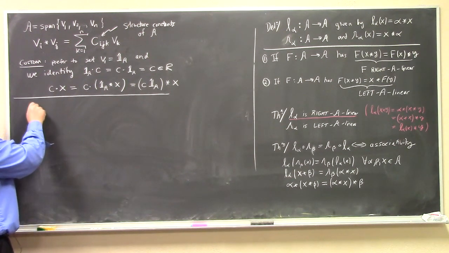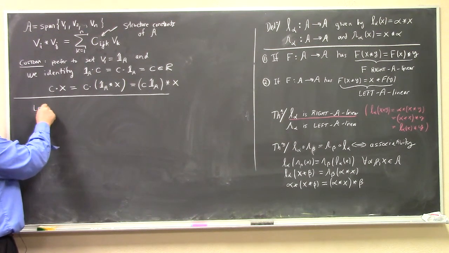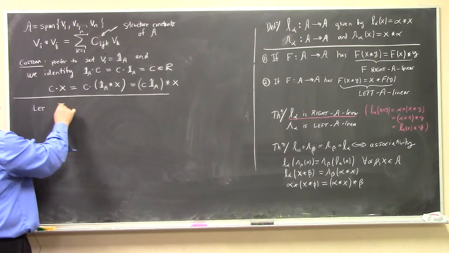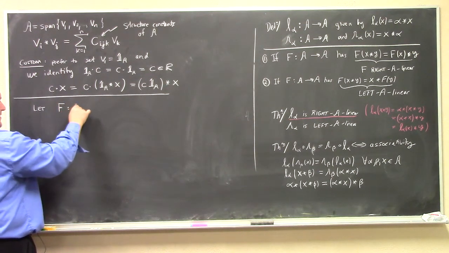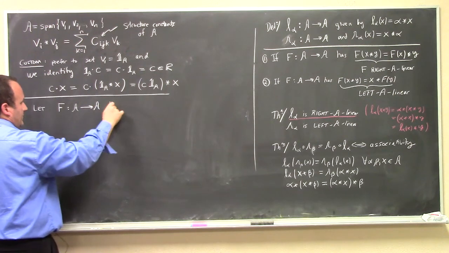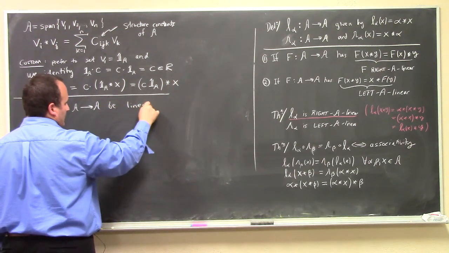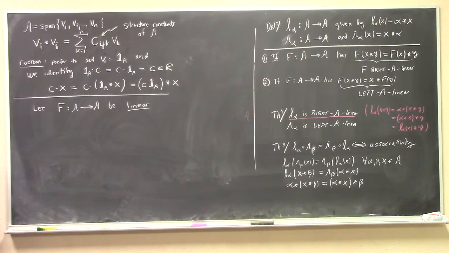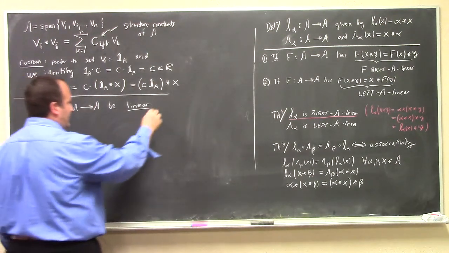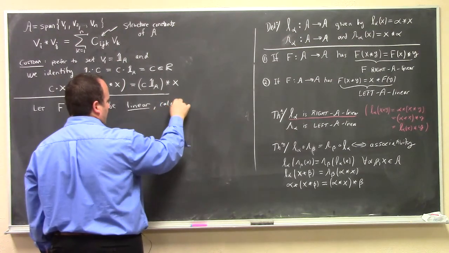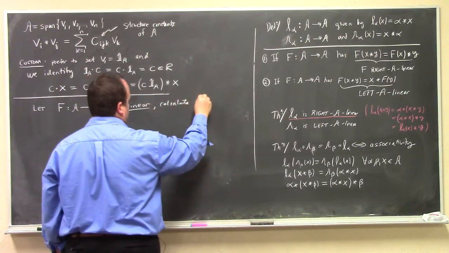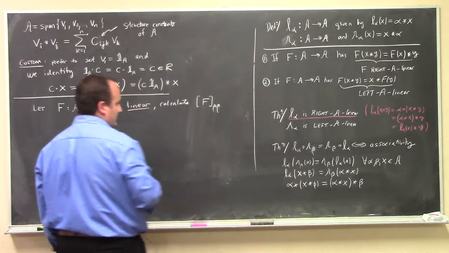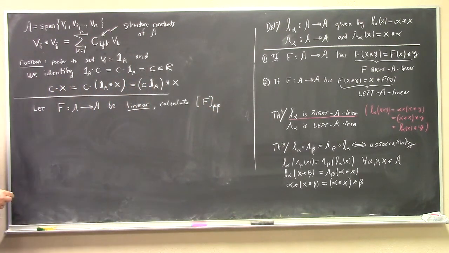How about, I guess we can use F, mapping from A to A, be linear, as in a real vector space, right? And then we can calculate the matrix of F with respect to the beta basis.